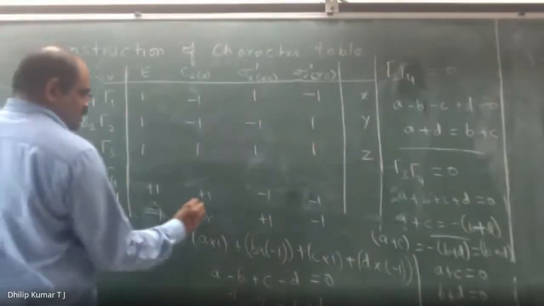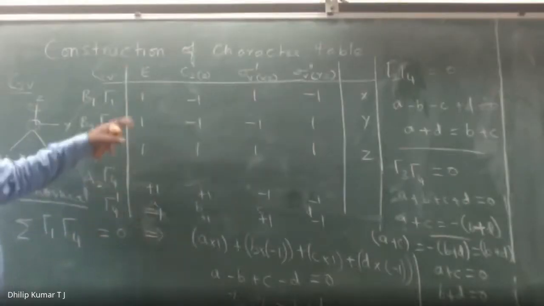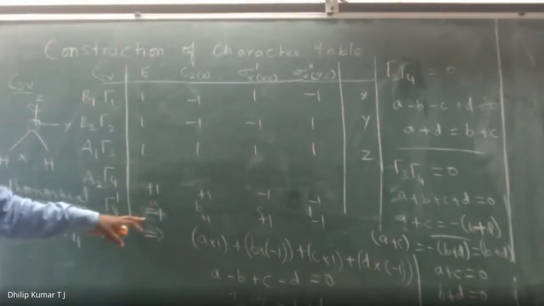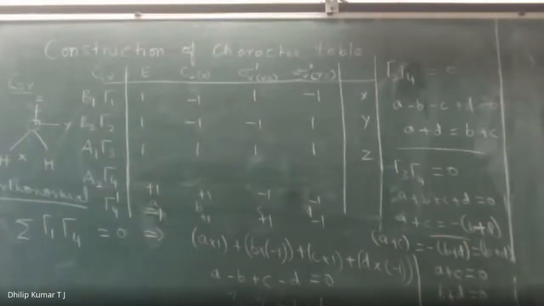It was A, B, C, D. I'm just changing. But if you do that, the property may not be valid. E should be +1 only, right? In E symmetry, it should not change sign.